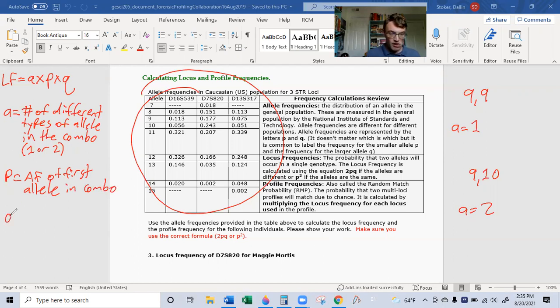And Q is going to be the allele frequency, again, from the table, of the second allele in the combo. So let me show you an example here.